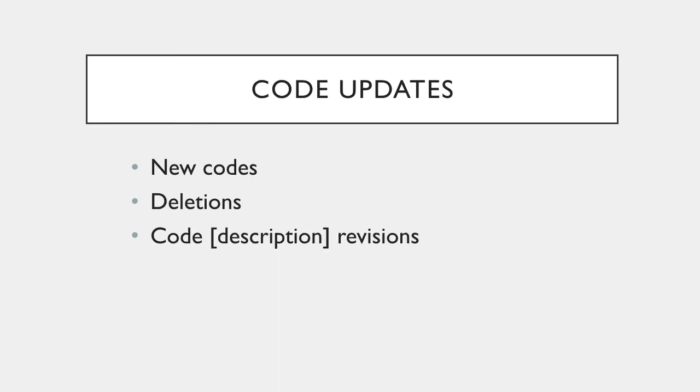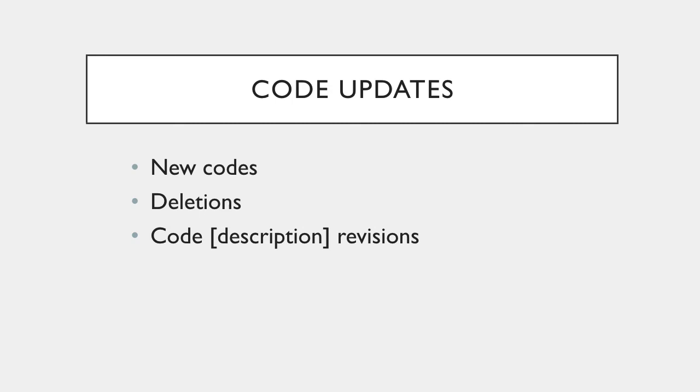What do these code updates include? They include new codes for new procedures or services, or sometimes more details about a disease evolution, or perhaps even a whole new discovery of a disease itself. Deletions, they will actually remove codes that have been analyzed to not be used. Oh, well, nobody calls it that anymore.